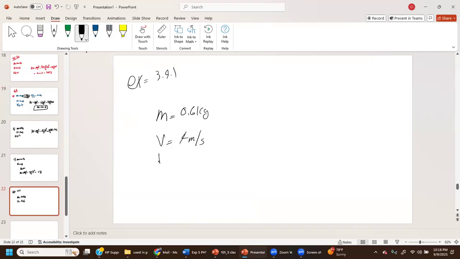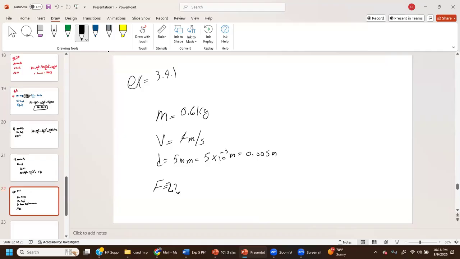And your distance is 5 millimeters, which is going to be 0.005 meters. Or let me just simplify it a little: it'd be 5 times 10 to the negative 3 meters, which is 0.005 meters. And you're looking for what? For your force.